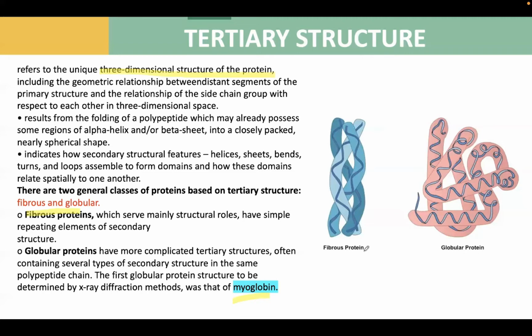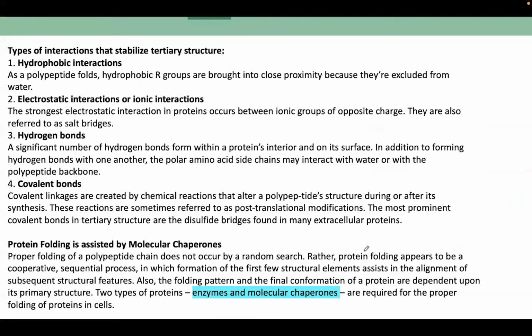At ang classic example niyan, which is yung pinakaunang protein structure nga under globular protein that was recognized and was determined is your myoglobin. And then these are the types of interactions that stabilize your tertiary structure. We have your hydrophobic interaction, the electrostatic, the hydrogen bond, and then your covalent bond.